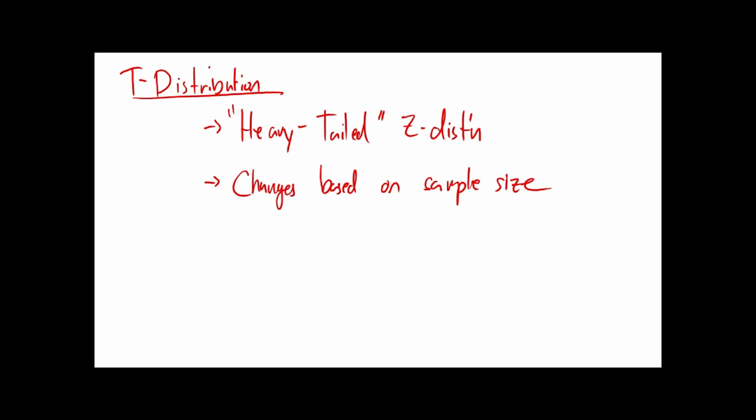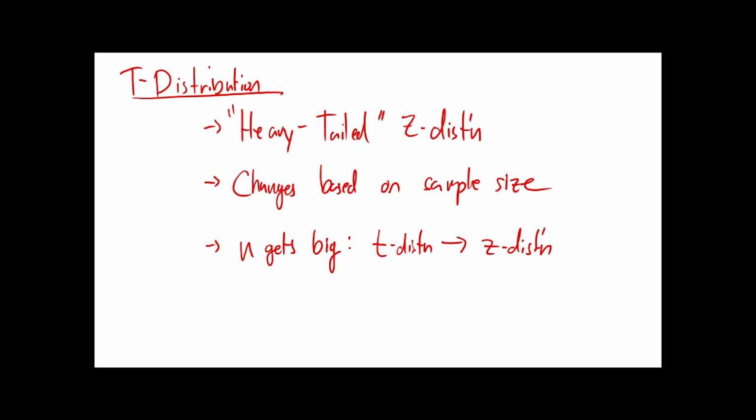And it turns out, right, so as n gets big, then the t distribution actually starts to look like the z distribution. Okay. So as you take more and more samples, those tails start to get less and less heavy, and it starts to look pretty much exactly like a normal curve.